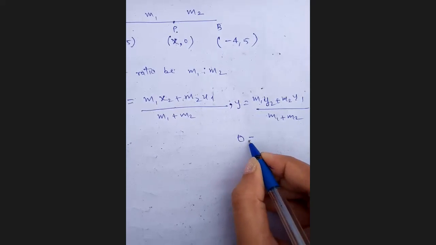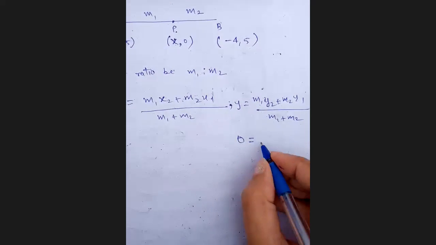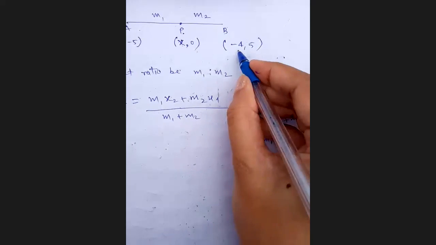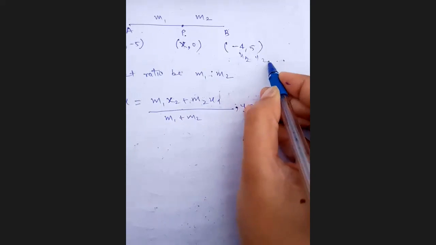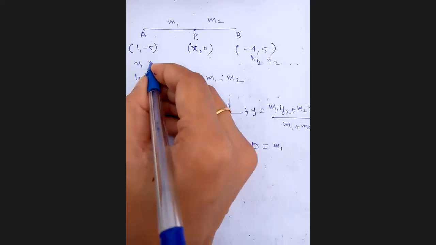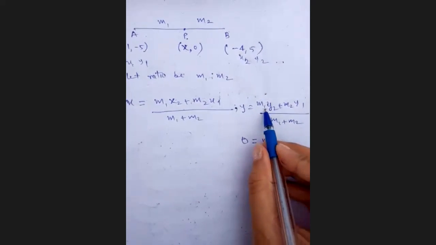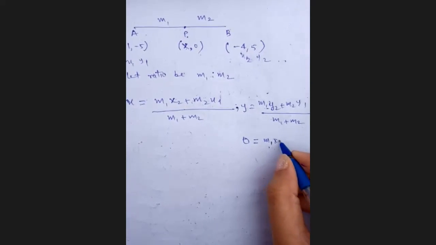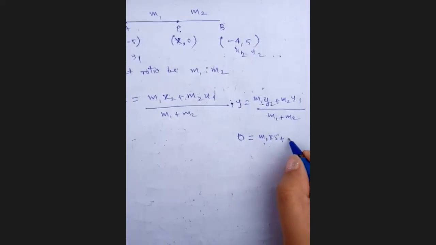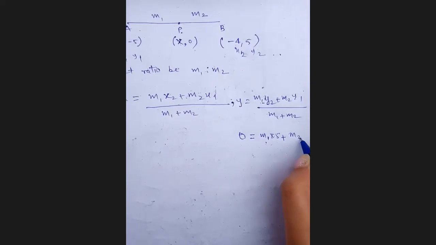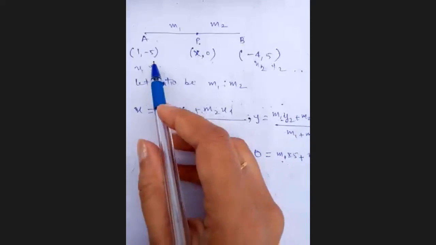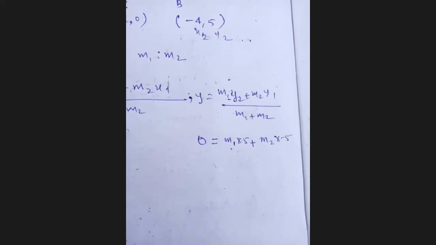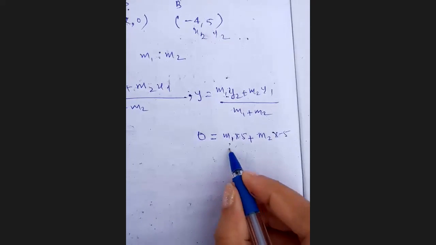तो फर्स्टली आप यहाँ से क्या फाइंड आउट कर सकते हो, पहले आप y को आप इक्वेट कर सकते हो. So y is 0 is equals to, what is your m1? m1 y2, this is your x2 y2, okay. This is x1 and y1. So m1 y2, m1 हमने प्लेस की, y2 is 5 plus m2 and y1 is -5, okay, upon m1 plus m2.